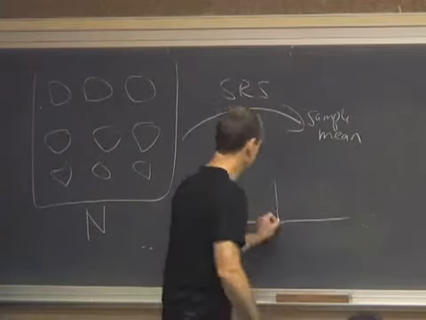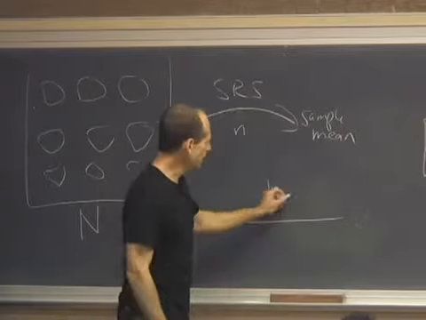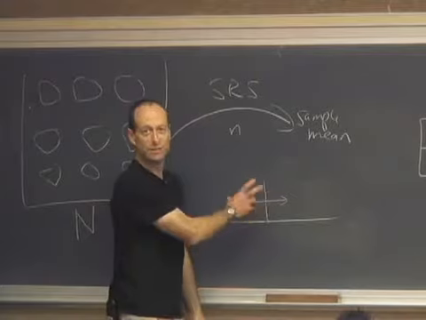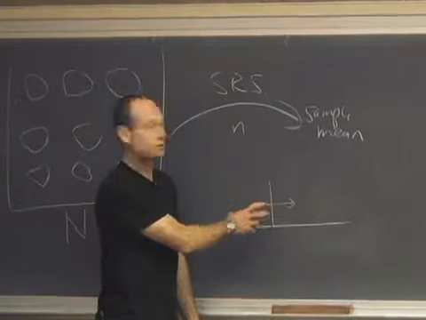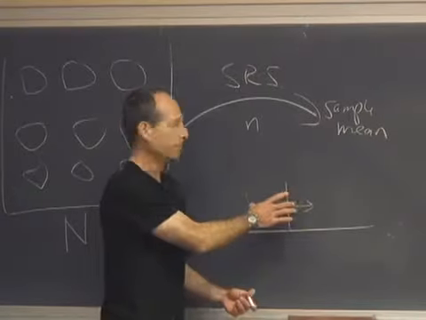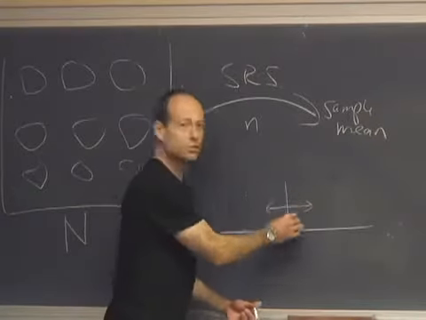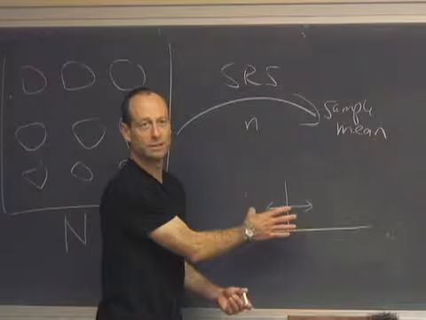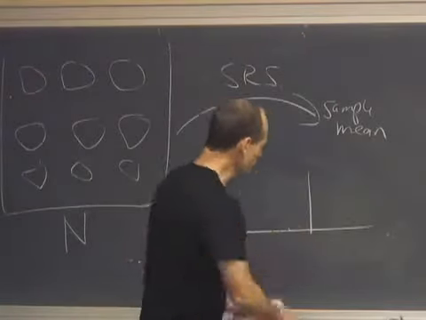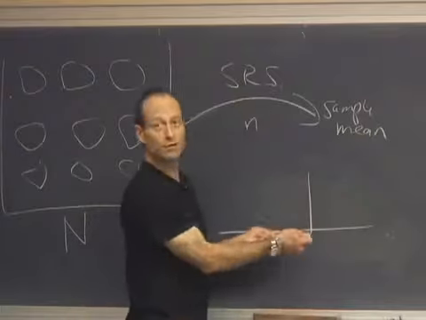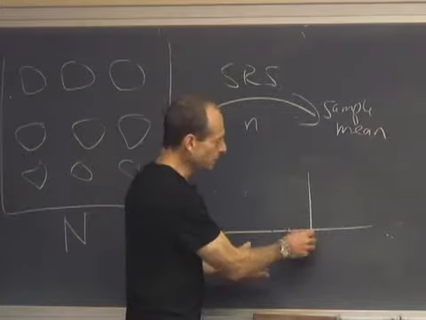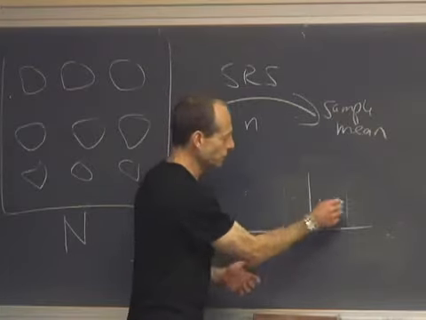We know that typically, if this is the population mean, the sample mean is going to be within about an SE of the population mean. Okay? Sometimes more, sometimes less. But the average distance from the population mean to the sample mean is about an SE. So if we observed the sample mean, and we knew the standard error of the sample mean, then a reasonable estimate would be that the population mean is the sample mean, give or take about an SE, plus or minus about an SE.